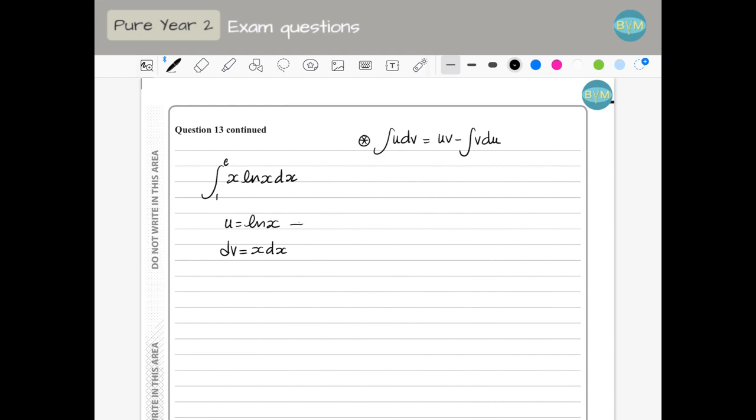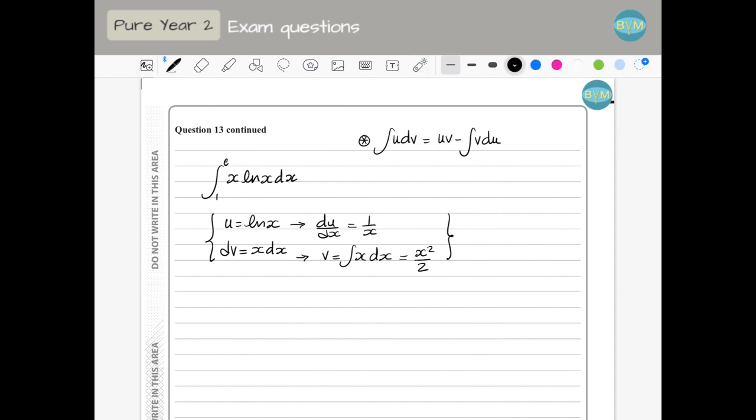I'm going to differentiate this one, so du by dx is going to be 1 over x, which is the derivative of ln x, and I'm going to integrate this one to have v, so x dx, which is x squared divided by 2. And now I'm going to substitute in the formula.